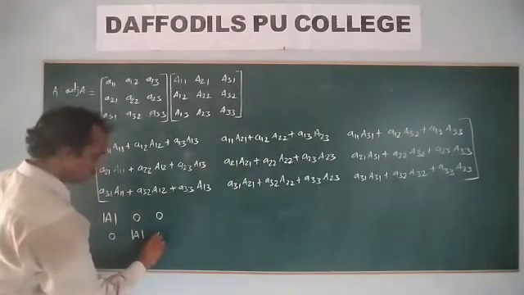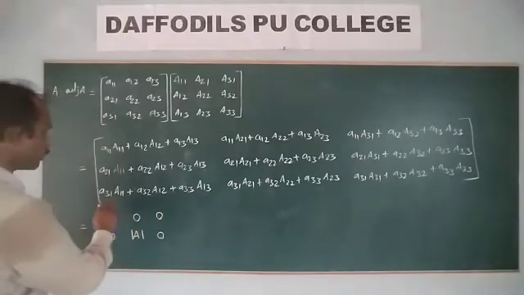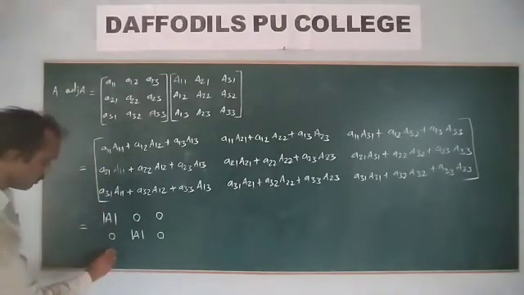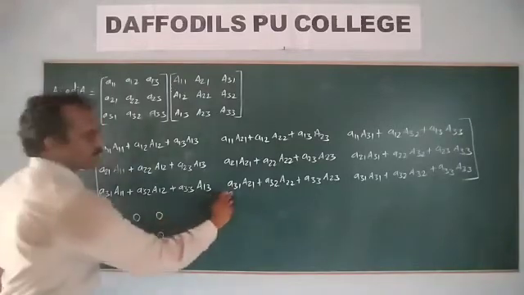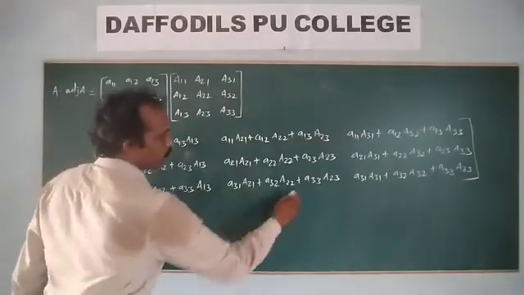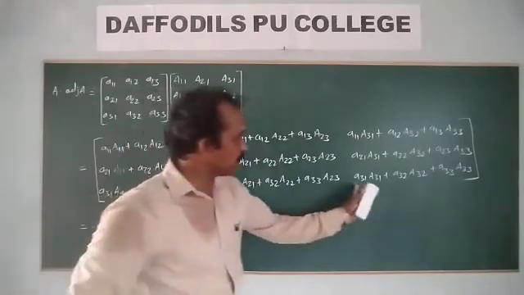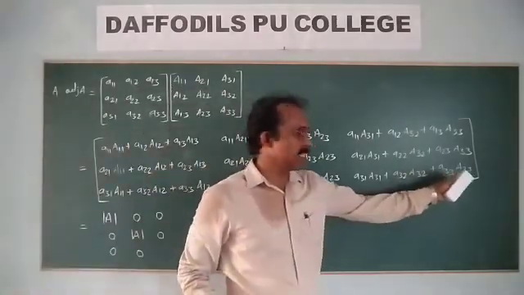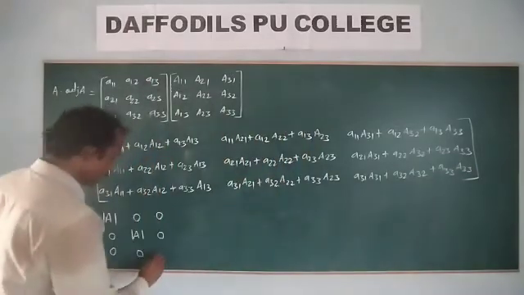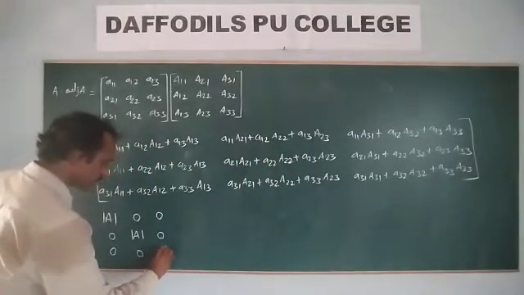Next, that value is 0. This value also, element to cofactors different, is 0. A31 A21, element and cofactors are different, that value is equal to 0. So A31 A31, A32 A32, A33 A33. So that is a determinant definition.